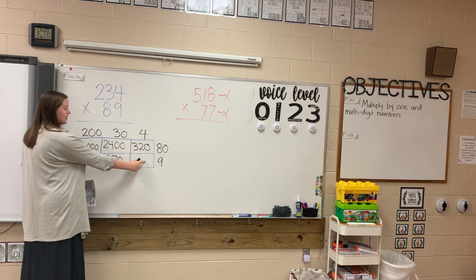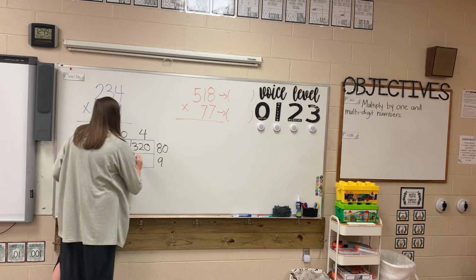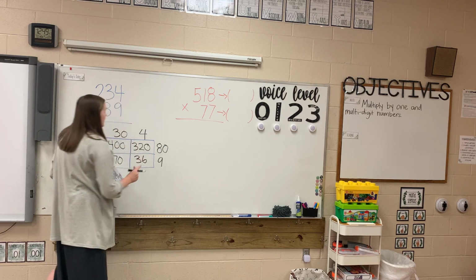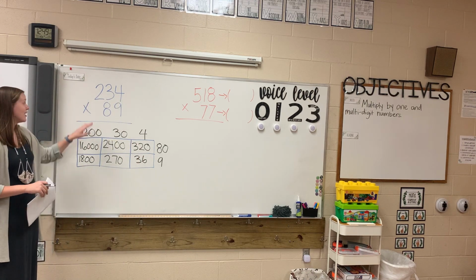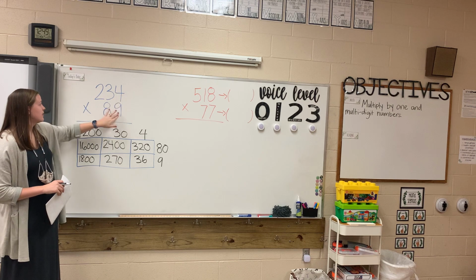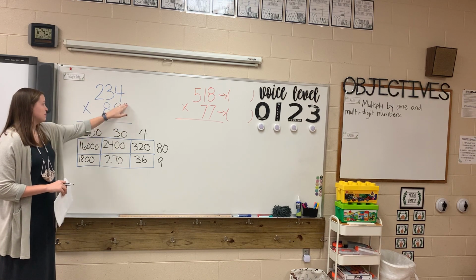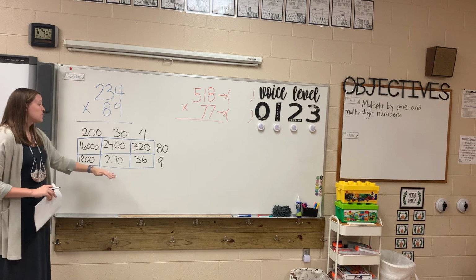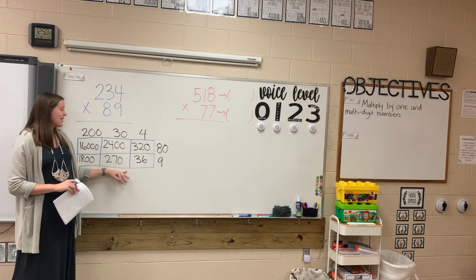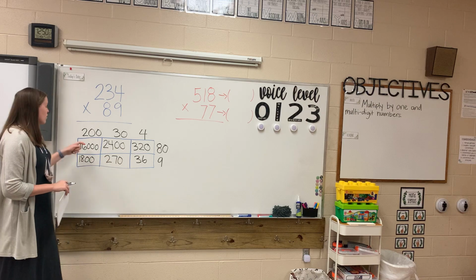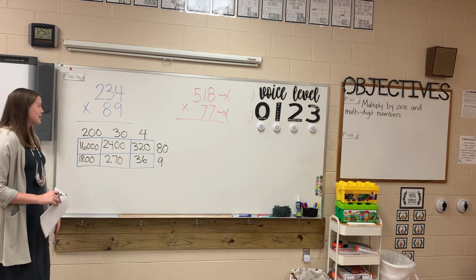And we have 4 times 9 is 36. So instead of having to multiply 9 times 4, 9 times 3, 9 times 2, hold our 0 as our placeholder, 8 times 4, 8 times 3, 8 times 2, we broke it down by place value, and now to get our answer, we have to add our numbers inside the box.